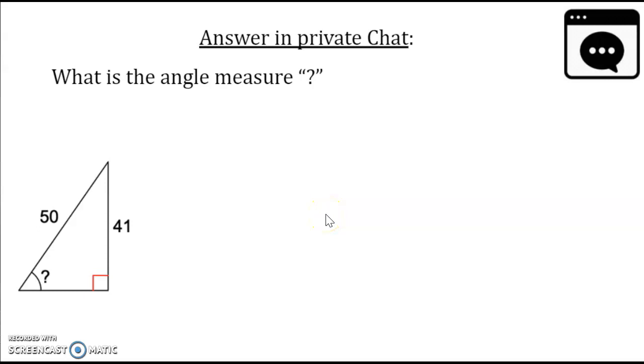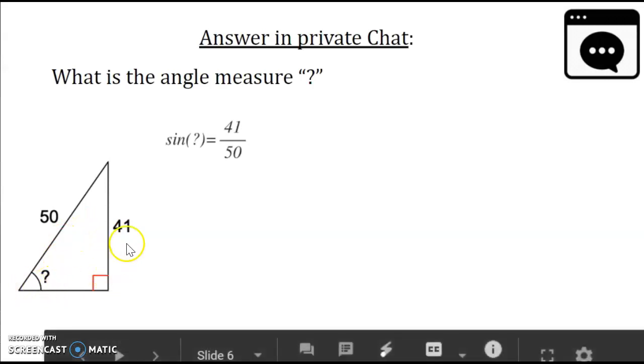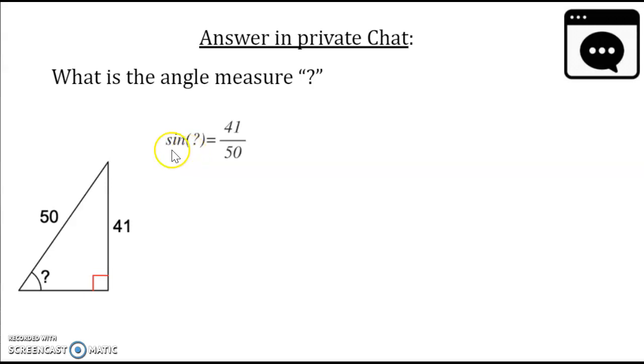So to start off with, can you tell me in private chat, what is the angle measure? Well, the trig ratio we are interested in is this is the opposite side and this is the hypotenuse, so it's going to be sine of theta. So sine of that unknown angle is going to be equal to 41 over 50. And 41 over 50 using the calculator becomes 0.82.